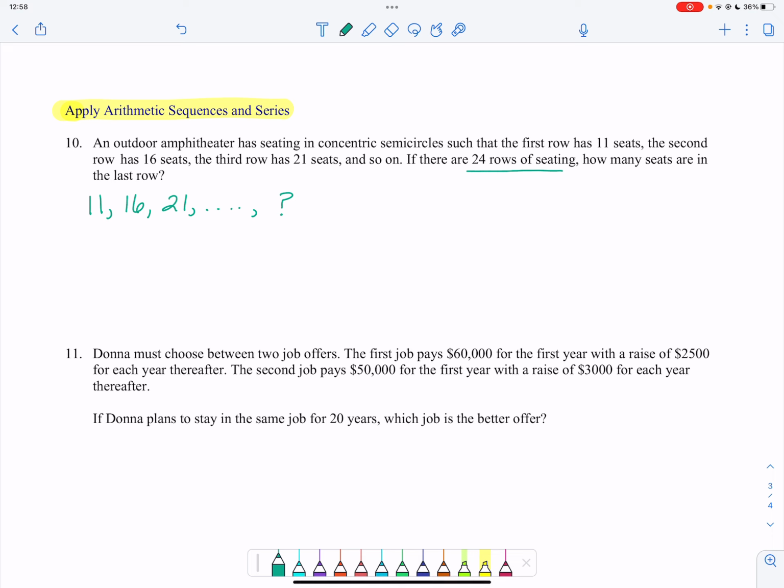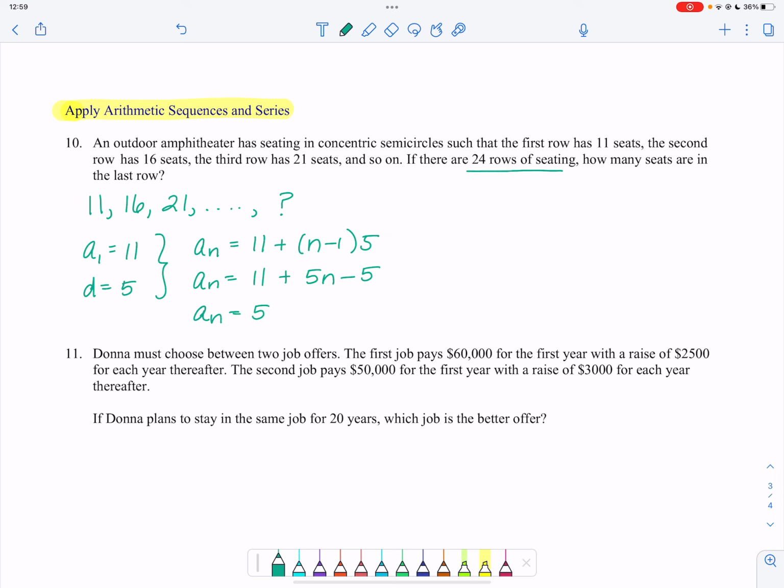So let's write some things down. It's obvious that a sub 1 is 11, and our common difference is 5. So we have a sub n equals 11 plus n minus 1 times 5. And we do have that a sub n is equal to 11 plus 5n minus 5, and a sub n is equal to 5n plus 6.